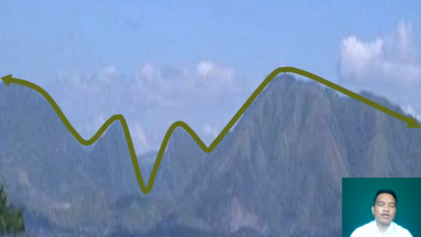Pagmasdan natin ang landas na tinahak ni Bernard upang marating niya at makasama si Micaela. May napapansin ba kayo sa mga linya? Okay. Ito ay isang graph ng polynomial function.